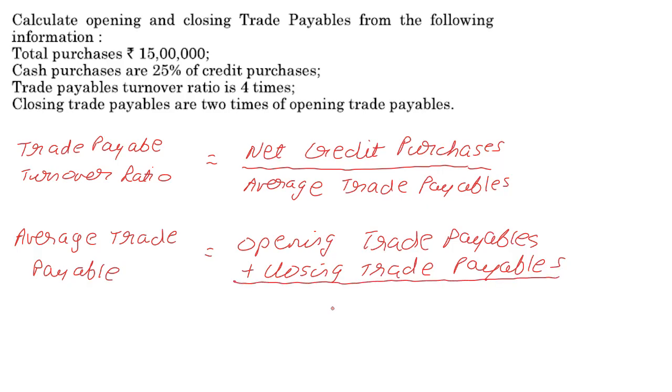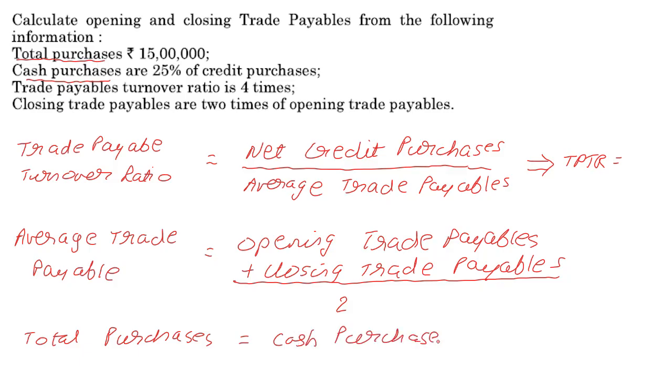Now we have been given total purchases, and we've been given cash purchases as 25% of credit purchases. You need to understand that total purchases is equal to cash purchases plus credit purchases.